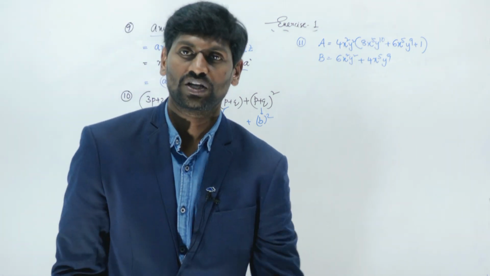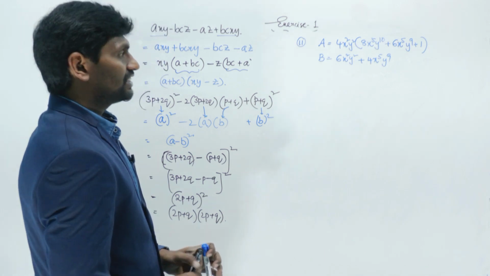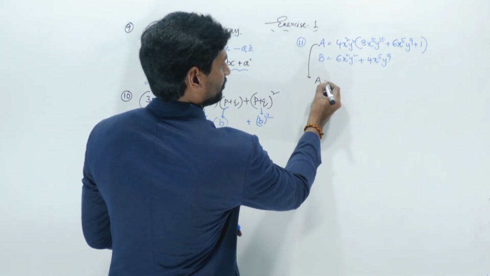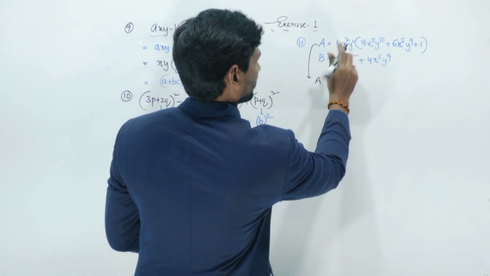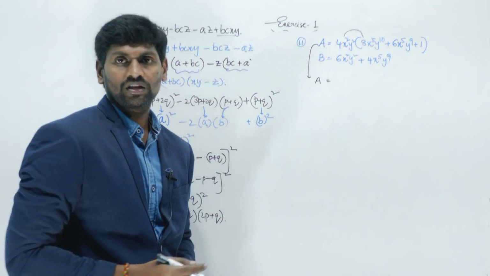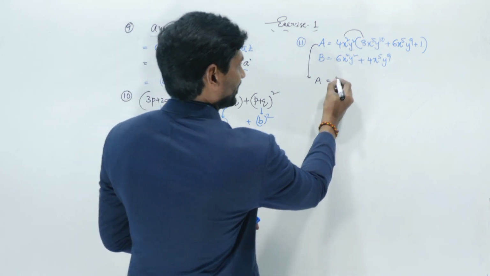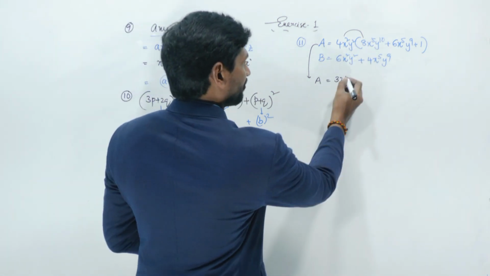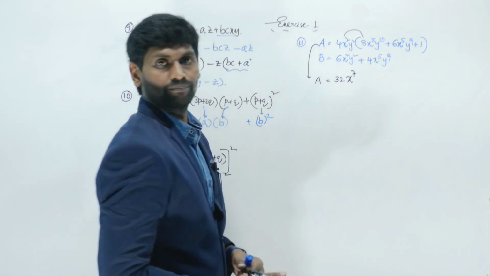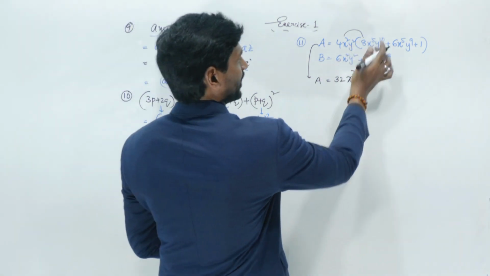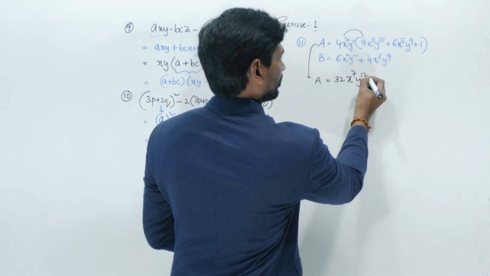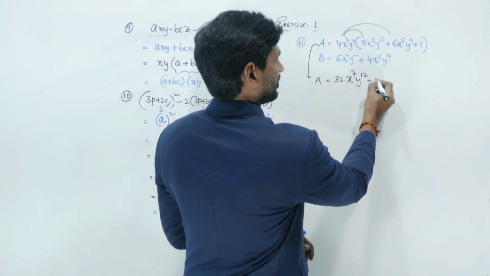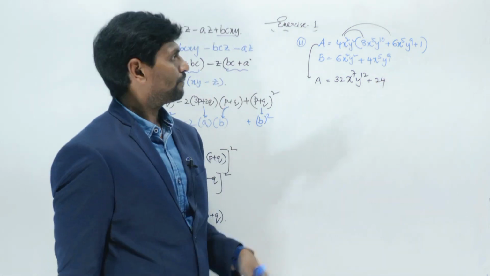Now let me simplify the A value first. I am multiplying 4x square y square with the A value. Now multiply these two. 4 8s are 32. X square into x power 5 is x power 7, and y square into y power 10 is y power 12. Next, 4 into 6 is 24.